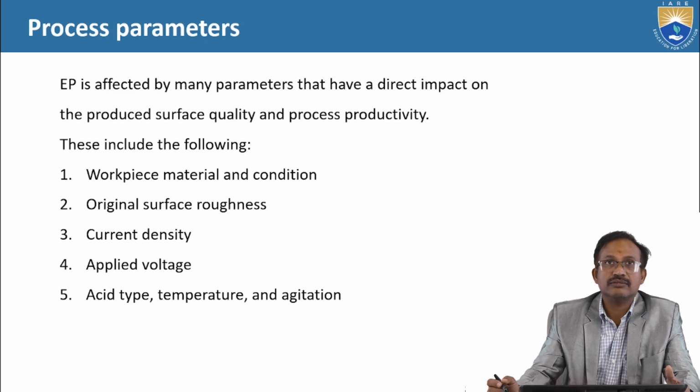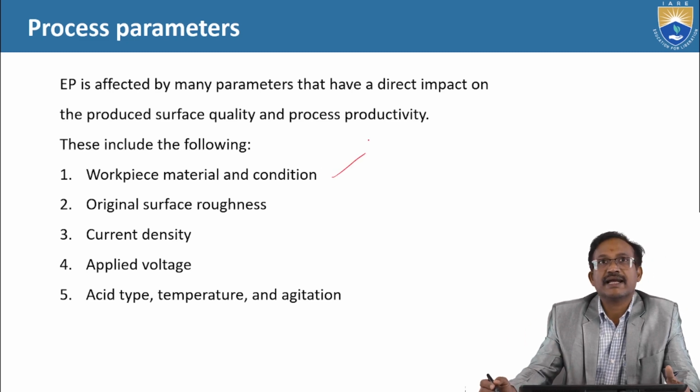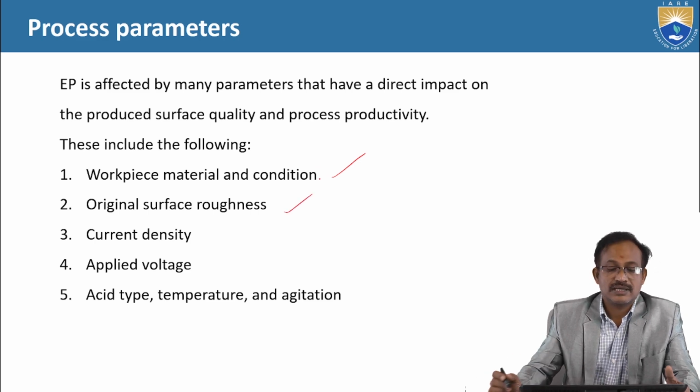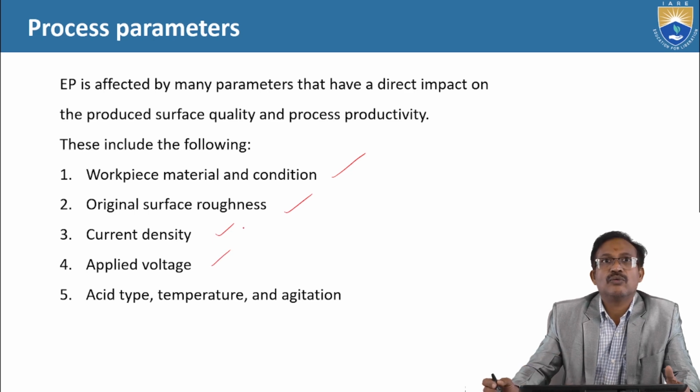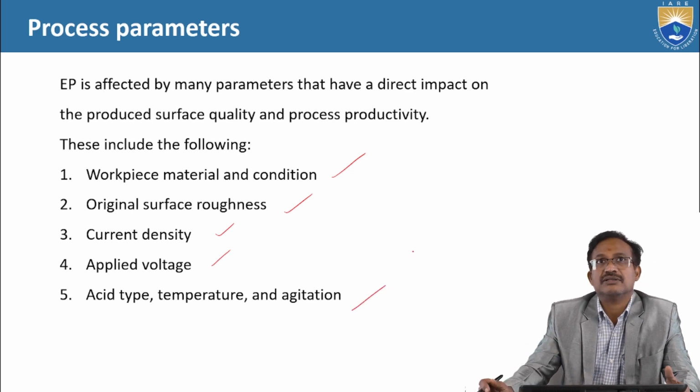These include the following: workpiece material and condition, original surface roughness, current density, applied voltage, acid type, temperature and agitation.